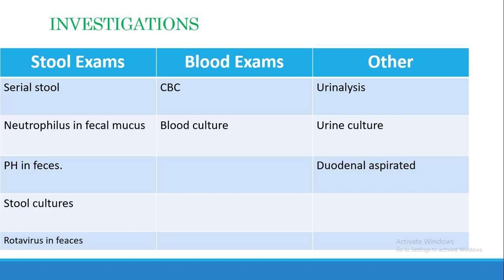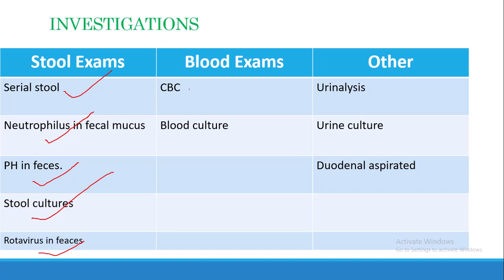Investigations for stool, you can do routine stool analysis, neutrophils in fecal mucus, pH can also be done, and then the stool culture, and rotavirus in the feces can be identified.